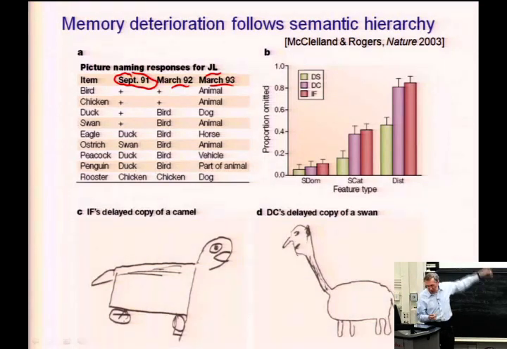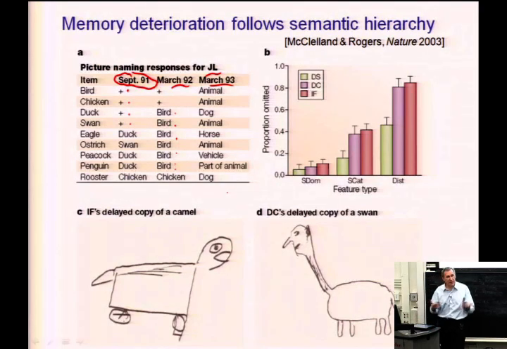So in September 91, they did a perfectly good job at spotting birds and chickens, ducks and swans, but had difficulty with these other objects. Later on, you can see they could identify these things as birds, but had lost the detailed ability. And then much later, even had some difficulty with those. So there's a typical kind of progression.